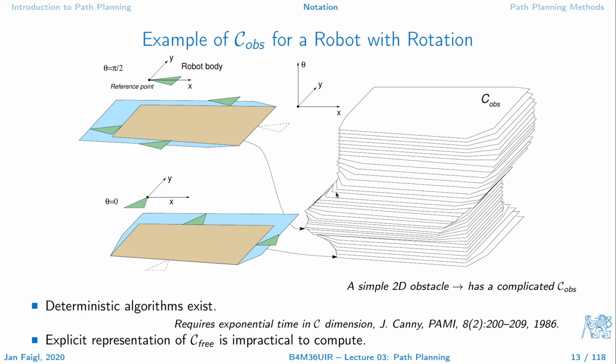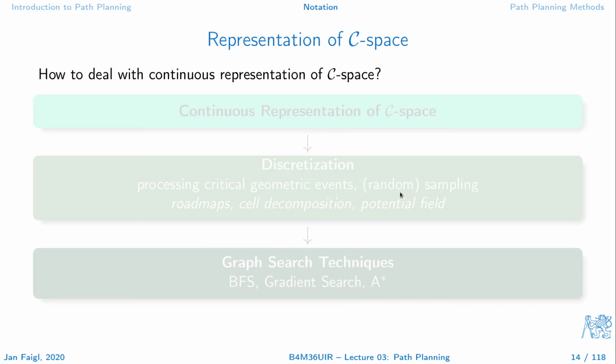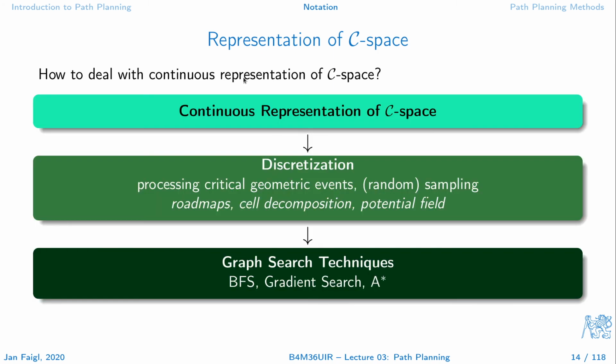So even in this case, a deterministic algorithm exists, but requires exponential time in the C space dimension. An explicit representation of C free is impractical to compute, except for very special cases. So we will cover that in sampling-based methods in the next lecture. And one of the ways to address the complexity of motion planning using the notion of C space is, and just remember, the C space is a continuous representation.